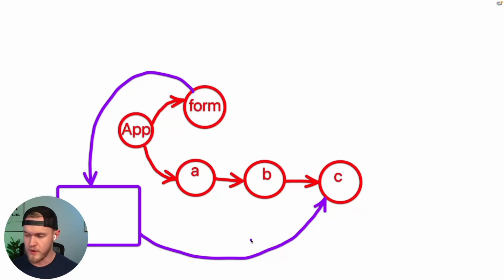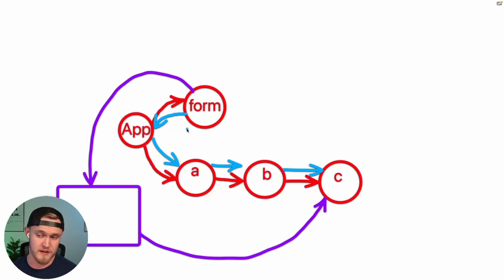The reason why we want this is because a traditional useState environment would require a piece of state here at app, and we would change that information to form, we would pass it to Alpha, pass it to Bravo, pass it to Charlie.